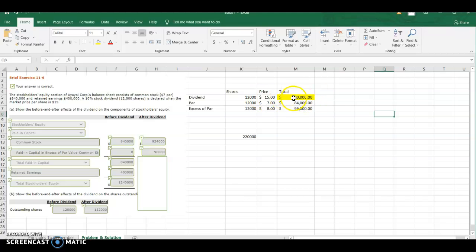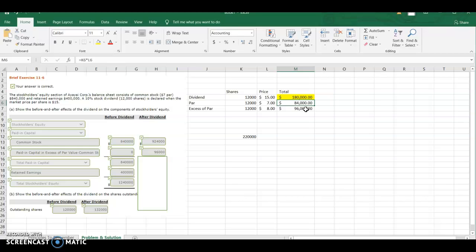That is the value of those shares. The par value of that would simply be the $7 given. And then the excess of par is 15 minus 7, which is 8. This number is super important, but we won't focus on that right now. Here we'll simply look at the par value, which is 12,000 times 7, is 84,000. And the excess of par is 12,000 times 8, is 96,000.